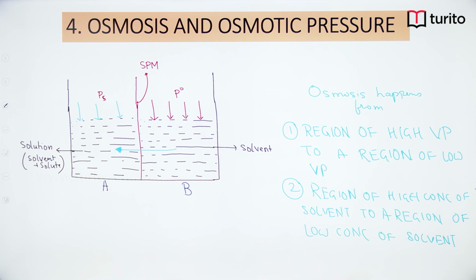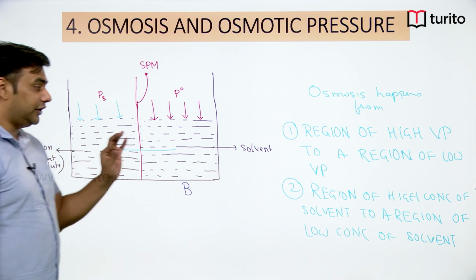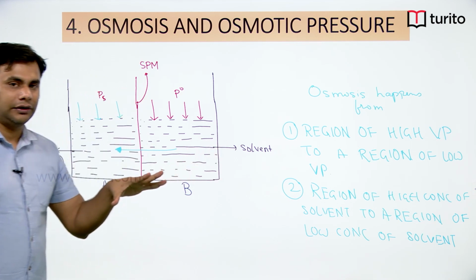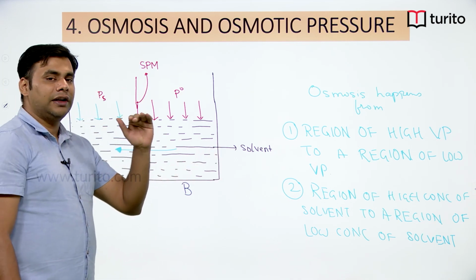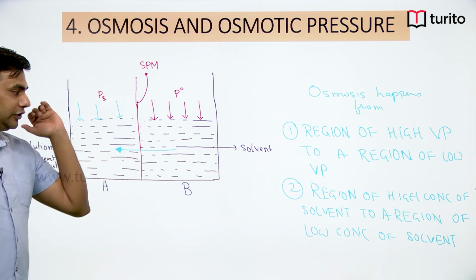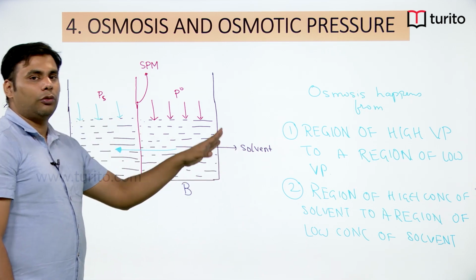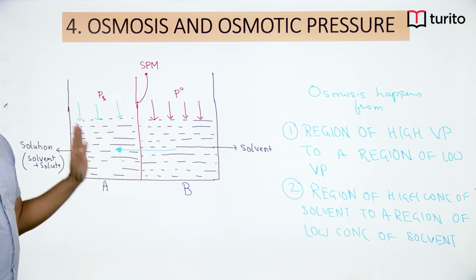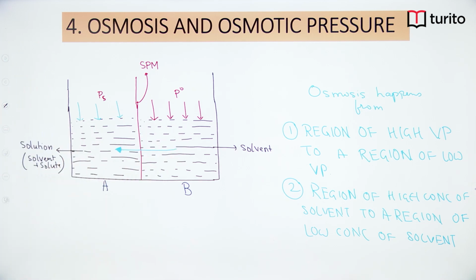Okay, hope this is clear to you. So just remember, concentration of solvent we are saying, it is not concentration of the solution. Concentration of solution means we are talking about solute. Concentration of solvent we have written, that means from a region of high density of solvent to a region of low density of solvent. Okay, hope this is clear to you.